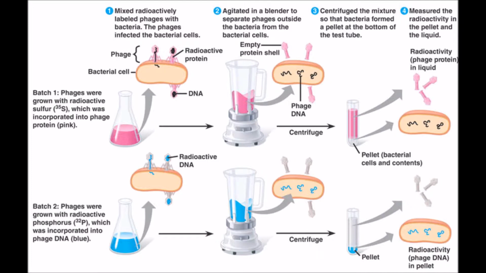Once they transformed the viruses with 32P and 35S, they agitated the cells in a blender. They took this mixture to the centrifuge so that the bacteria could form a pellet at the bottom of the tube. They measured the radioactivity of the pellets that contained 32P and 35S and found that the radioactivity was in the bacteria that had been transformed by the radioactive phosphorus. They were then able to conclude that DNA was the vehicle for the transfer of genetic information, not protein.